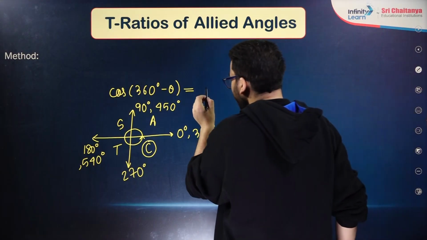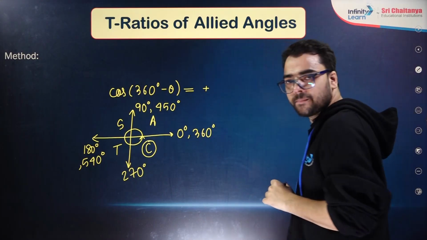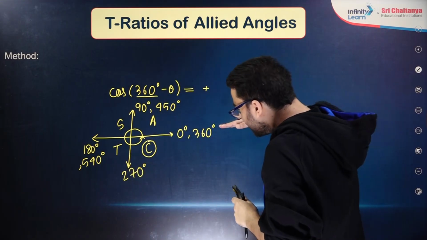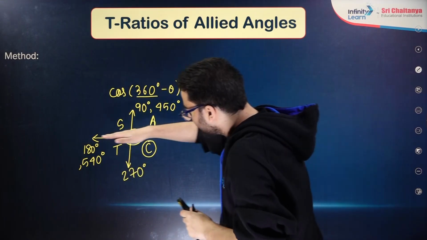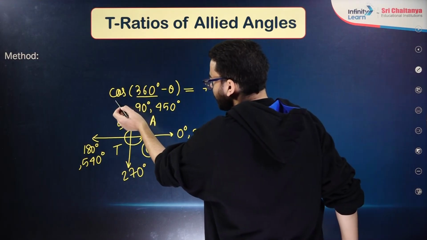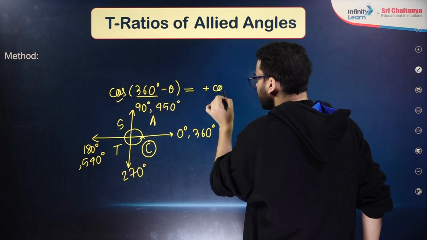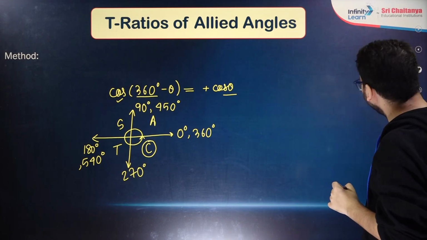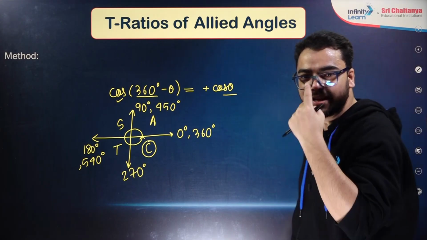It means this will be positive. That is the first thing. Now when the reference is horizontal, means when the reference is these angles, the trigonometric ratio will not change. Cos will remain cos only. So that is equal to cos theta only. I hope that is clear.